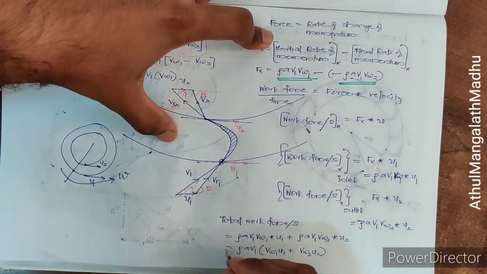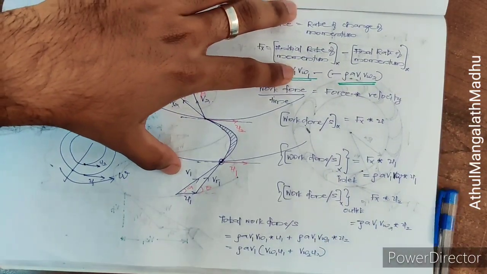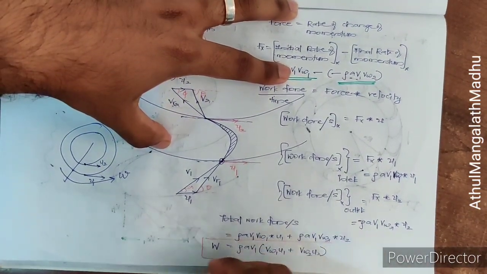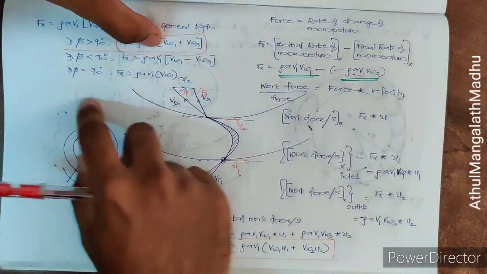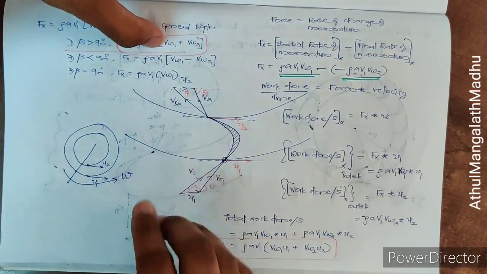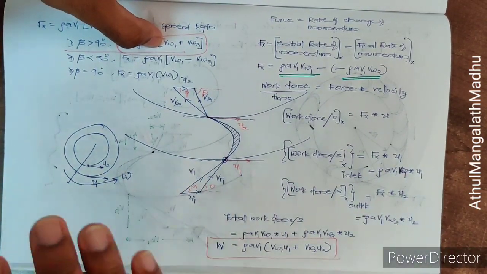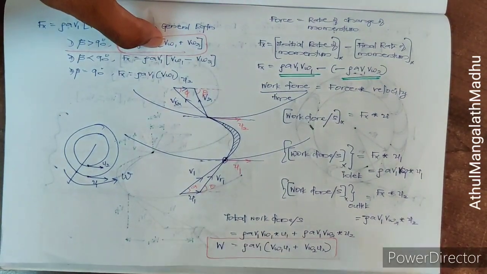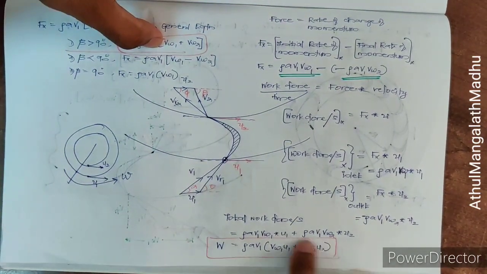This is the total work done when you have a moving curved vane in a wheel, a series of vanes, where one vane after the other keeps coming. It is not an individual or single vane; you have a series of vanes. So this is the equation to find the work done.